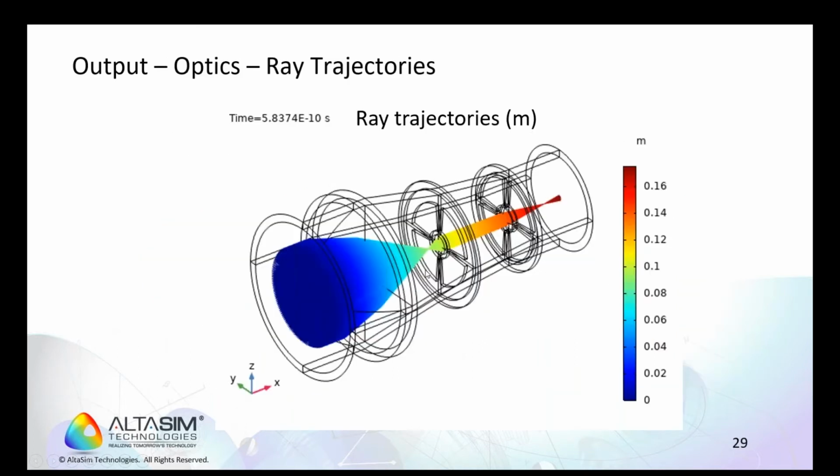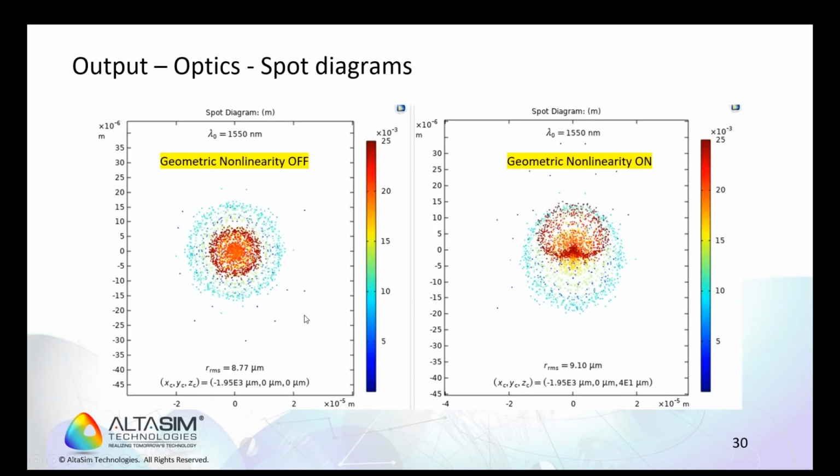The deformed geometry is going to produce ray trajectories that the simulation engineer can then use to assess the performance. And then these results are going to show the effect of thermally induced deformation on the optics. On the left-hand side, you see the simulation without the deformation. And on the right-hand side, you see the results with the deformation included.